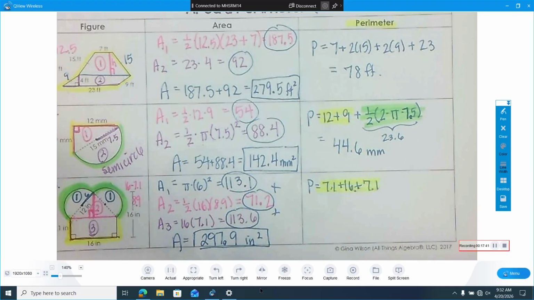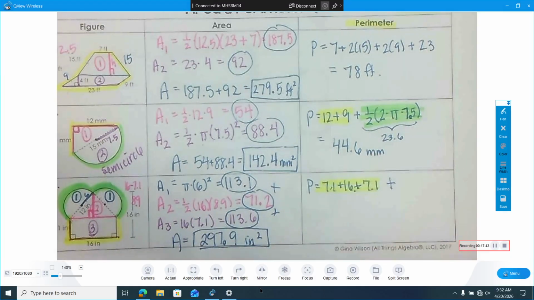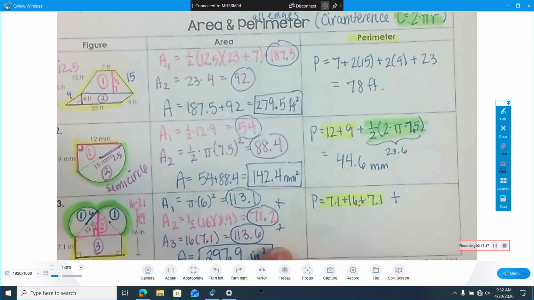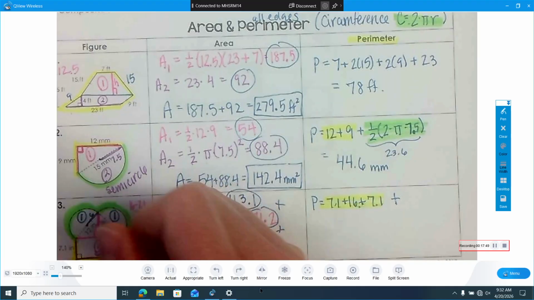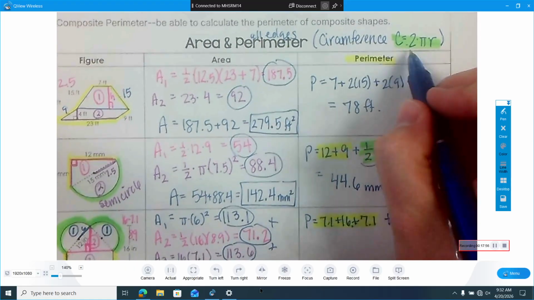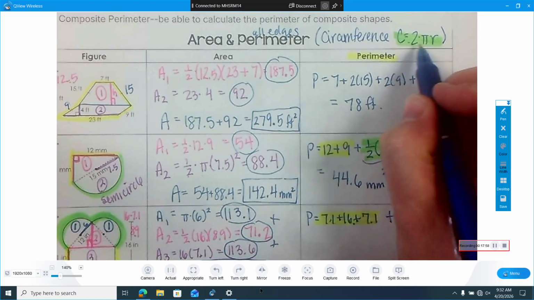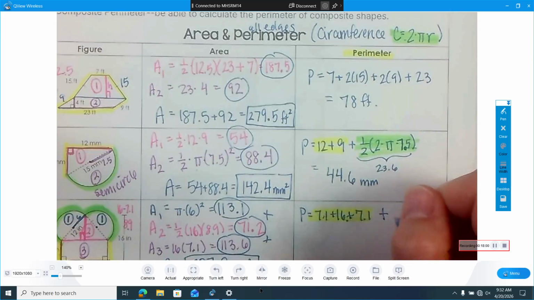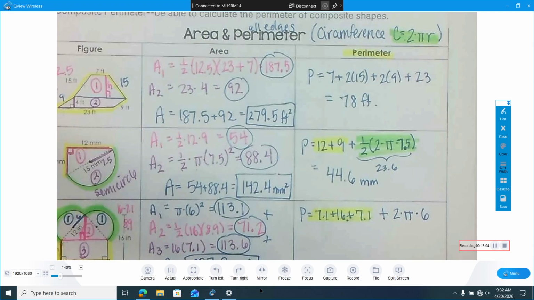And then, what's the green stuff? Circumference. The edges of a circle. We have 2 semicircles. Well, 2 semicircles is just one whole circle. And so that's just going to be the circumference of a whole circle, which is 2 times pi times my radius, which was 6.